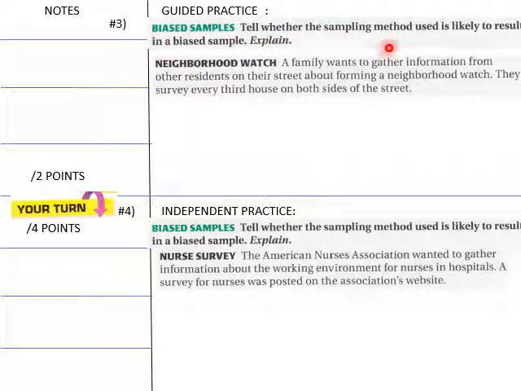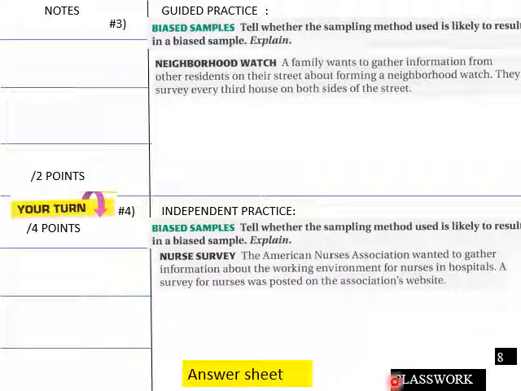Tell whether the sampling method used is likely to result in a biased sample. Explain. A family wants to gather information from other residents on the street about forming a neighborhood watch. They survey every third house on both sides of the street. And then students, this is for you down here. Classwork, page 8.